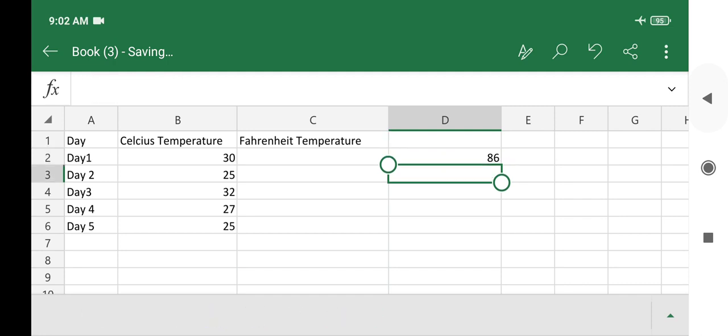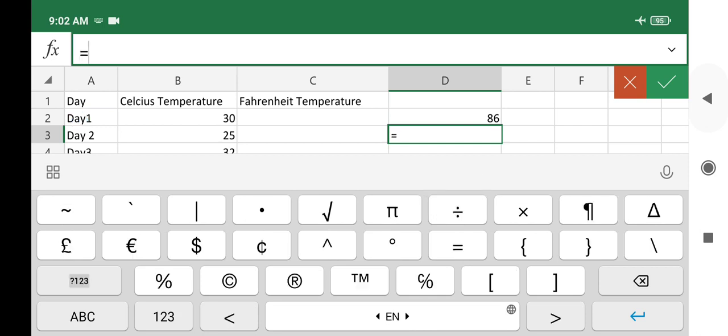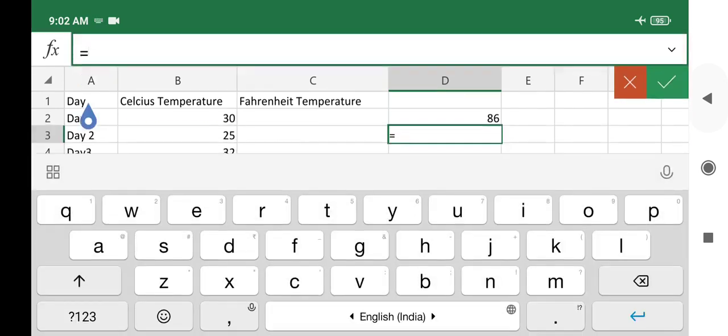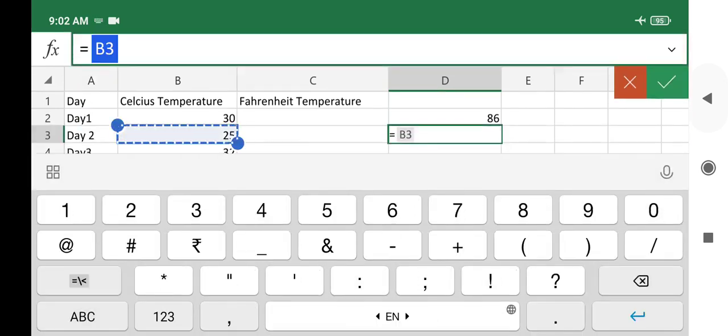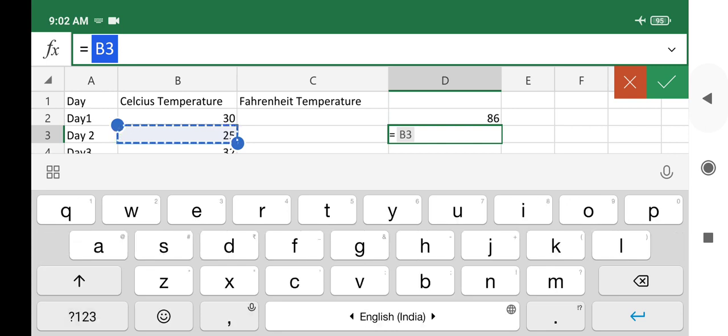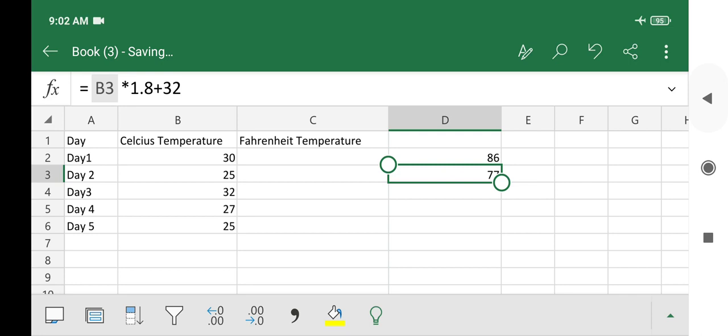I hope you are able to see that 86 is coming. The same way we go for the next one. We will perform each one so that the concept is clear. First of all, click equals to, then choose the Celsius temperature, then go for the multiplication symbol. In computer the cross will not work; the multiplication symbol is what works. Then write 1.8, plus 32, and click the tick. Then 77.